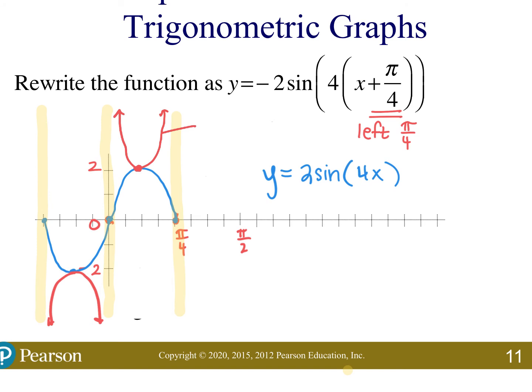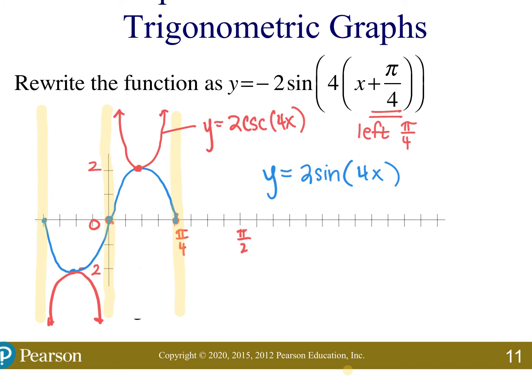The red equation is now y equals 2 cosecant 4x. It has the same amplitude and the same period. It's just fit in between the asymptotes.